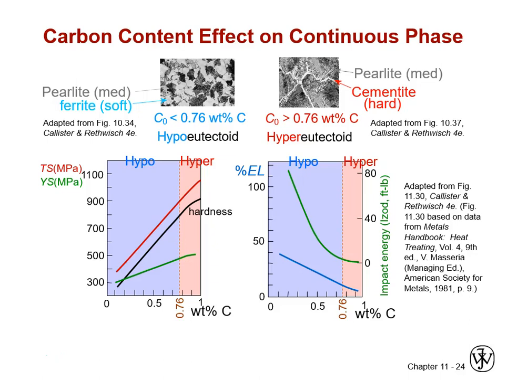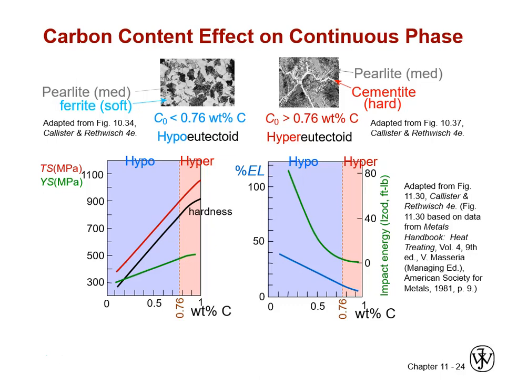If we have less carbon than the eutectoid composition in steel, our continuous phase will be ferrite. If we have more carbon than the eutectoid composition and we're a steel, our continuous phase will be cementite. So the first and greatest effect carbon content will have on steels is what is our continuous phase?